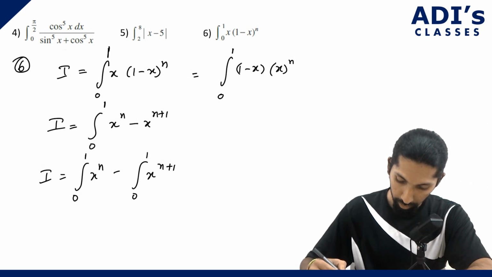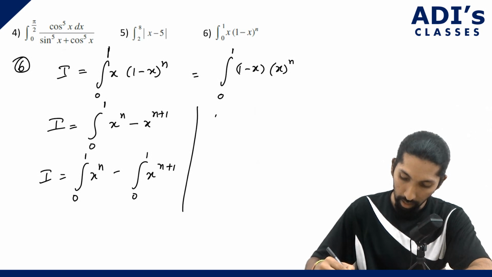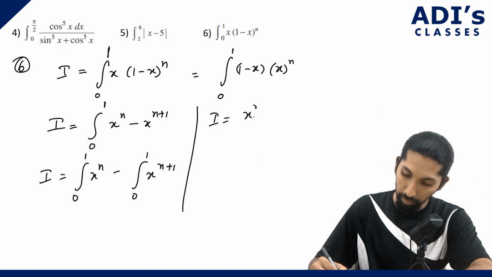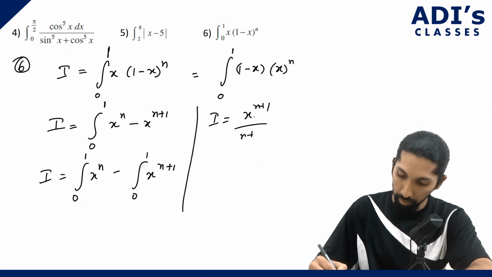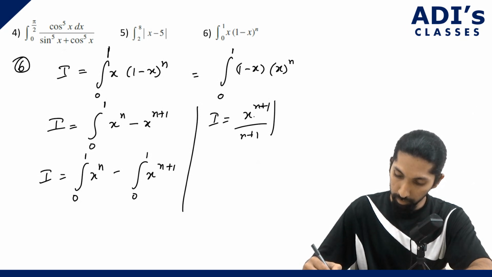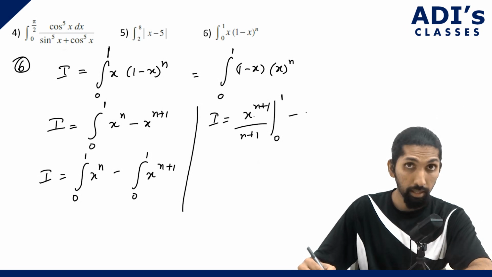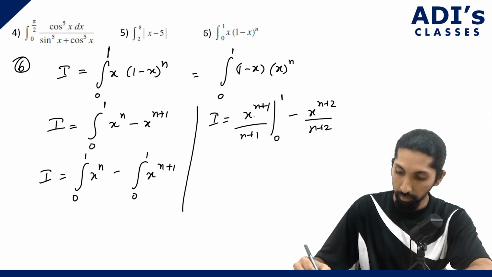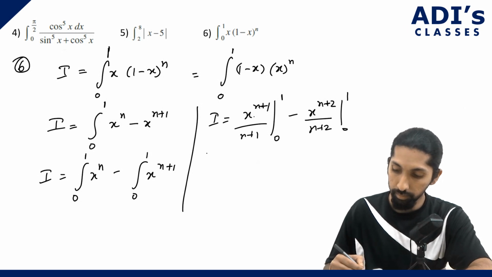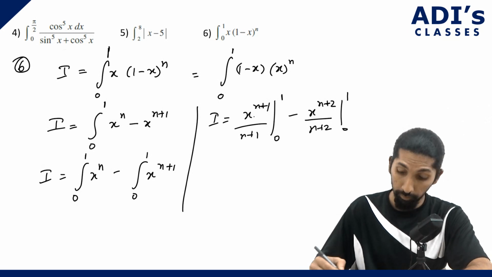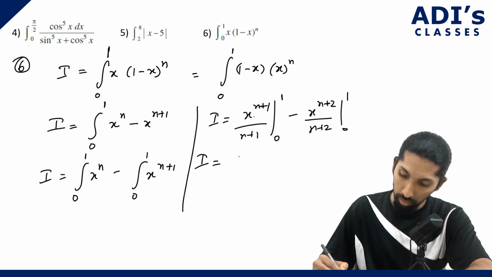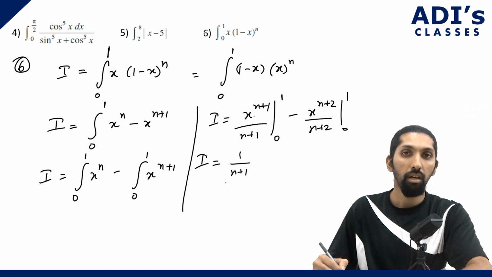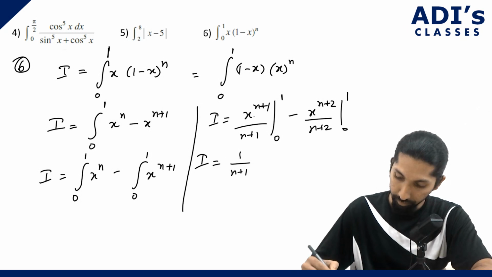So I is equal to integral 0 to 1 x power n, 0 to 1 x power n plus 1. Right? So here you can say I is equal to x power n plus 1 by n plus 1 from 0 to 1, of course, minus x to the power of n plus 2 by n plus 2 from 0 to 1. Apply the limit. If you do, I is equal to 1 by n plus 1. 0 anyway it cancels out.